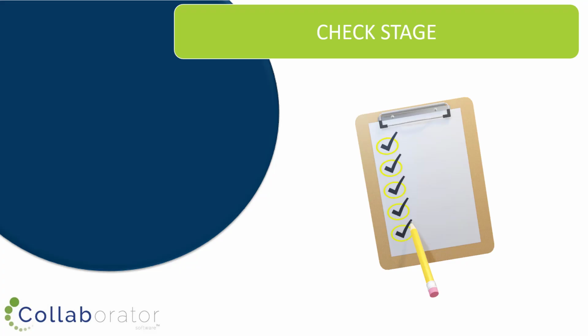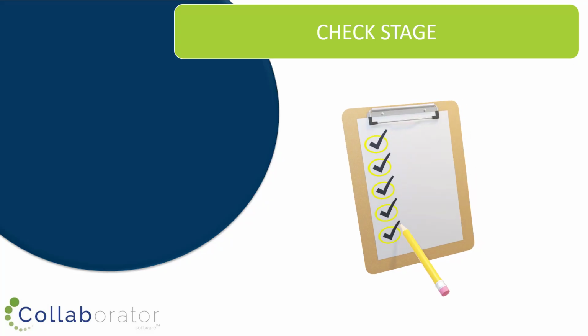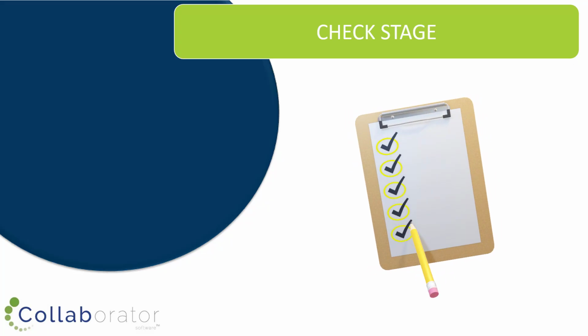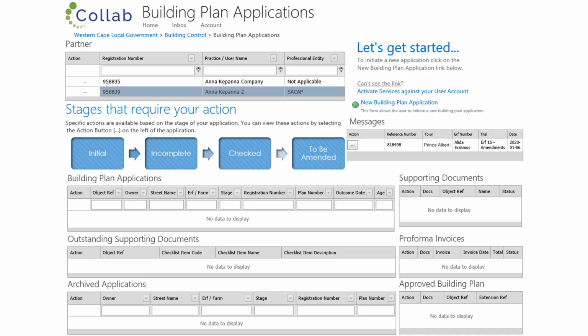In the Check stage, all documentation and information on the application will now be checked by the municipality. Should there be any discrepancies or incorrect documents uploaded, the municipality will communicate this to you. One of the communication methods available is the portal message board.